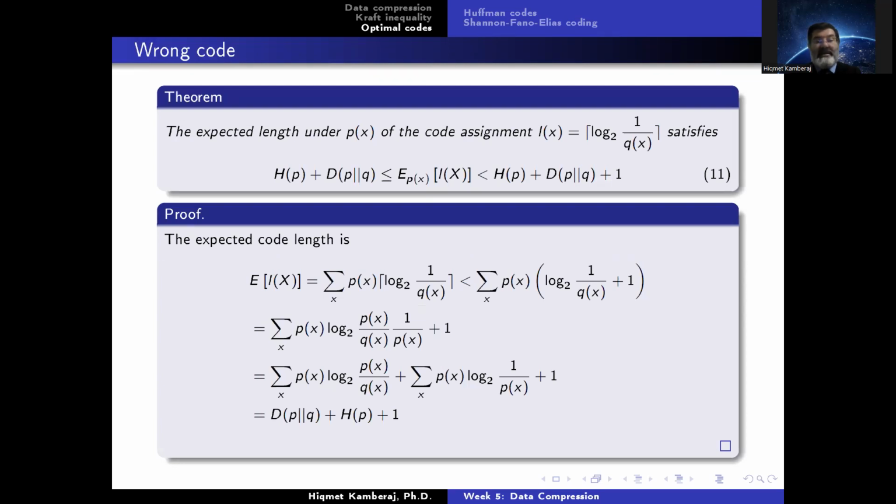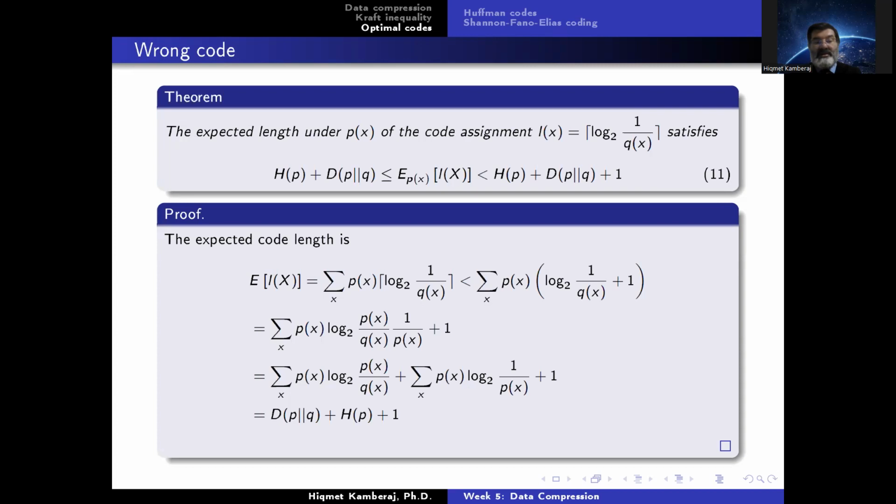The expected length under P of x of the code assignments L of x, which was equal to the ceiling of log with base 2 of 1 over Q of x, satisfies this equation: H of P plus relative entropy between P and Q is less than or equal to the expected value with probability distribution P of x of L of x, which is less than or equal to H of P plus relative entropy between P and Q plus 1. Now we can prove this one.